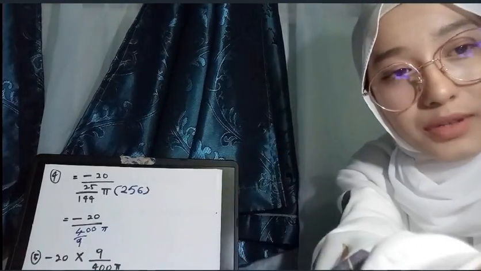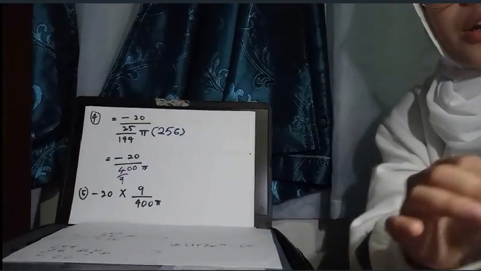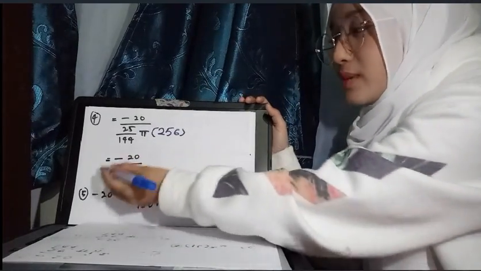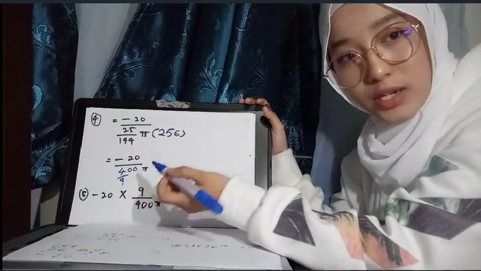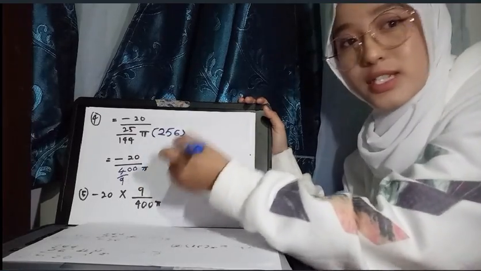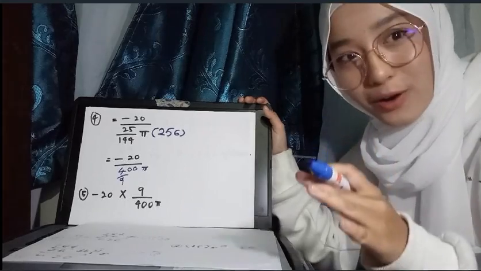Excuse me, let me put the camera down first. Okay, so when it becomes like this, you cannot just divide like that. No, you can't, because the answer we get will be wrong.